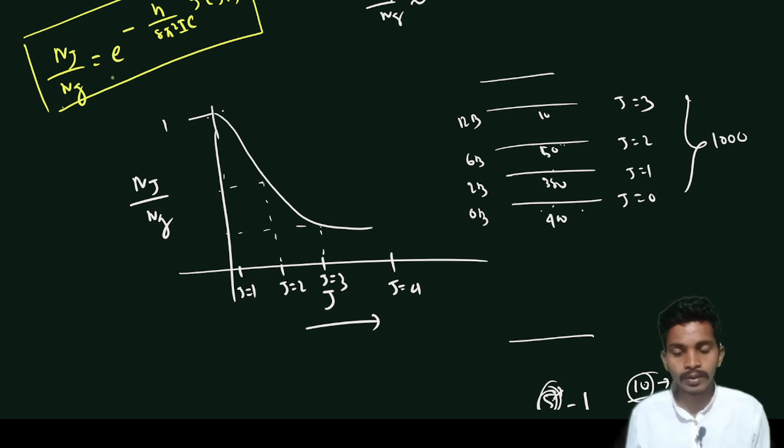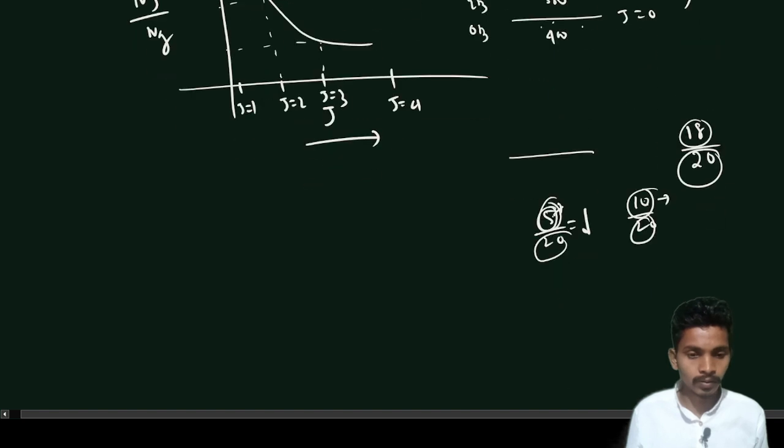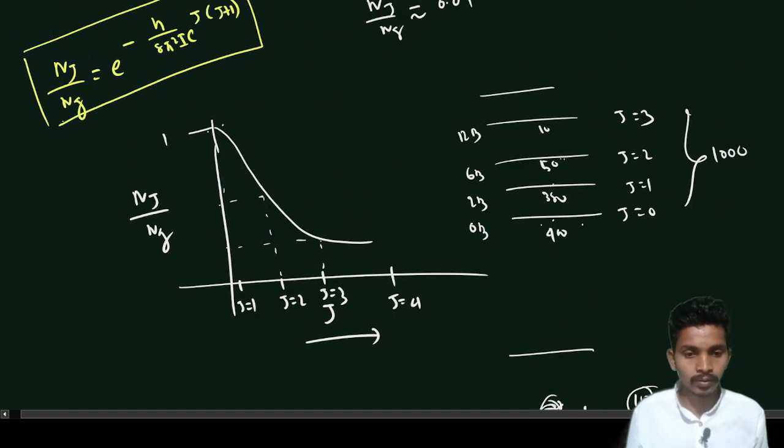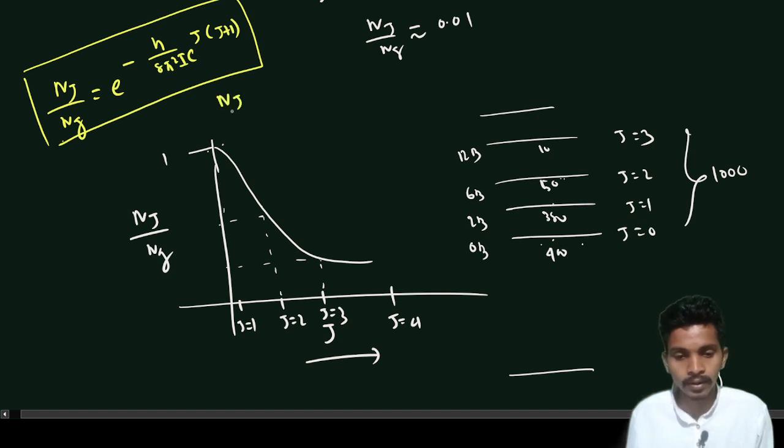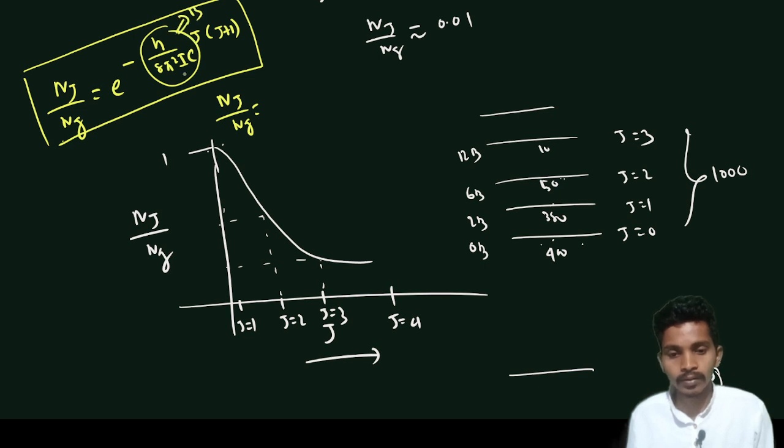Okay, so whenever this value, if we take the compound as fixed, then this value also you can write as B. So now in terms of B, I can write this equation as Nj upon Ng equals e to the power minus B j(j+1).